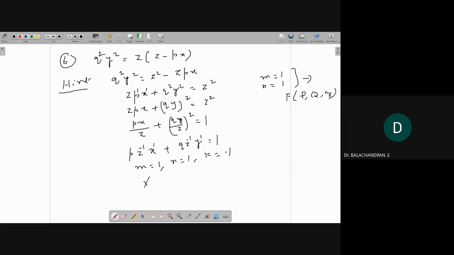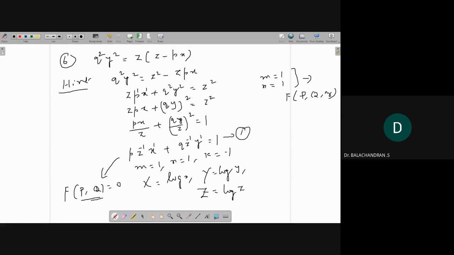So in this case, capital X is equal to log x, capital Y equal to log y, capital Z equal to log z. If you use this, equation 1 reduces to a function of p comma q equal to 0.